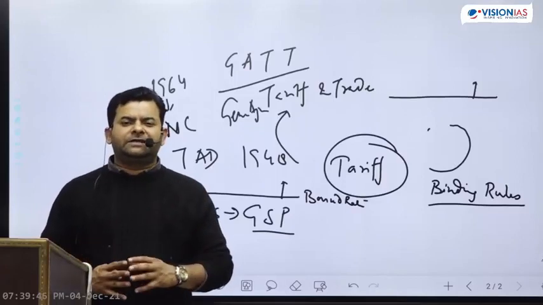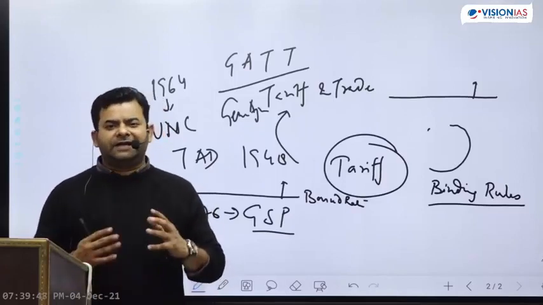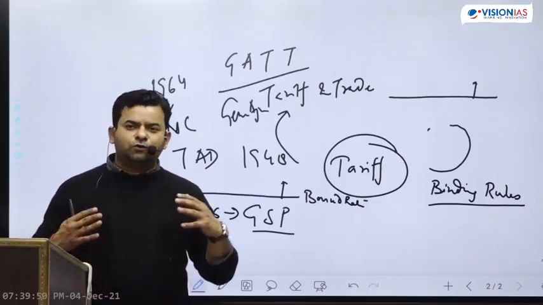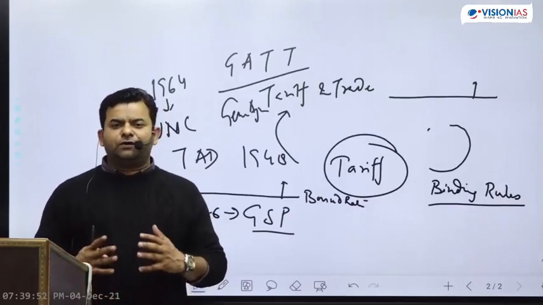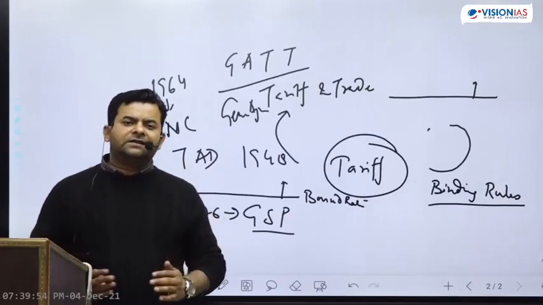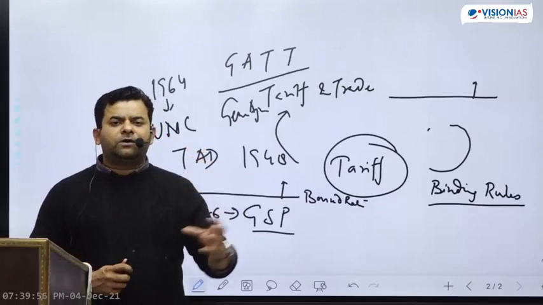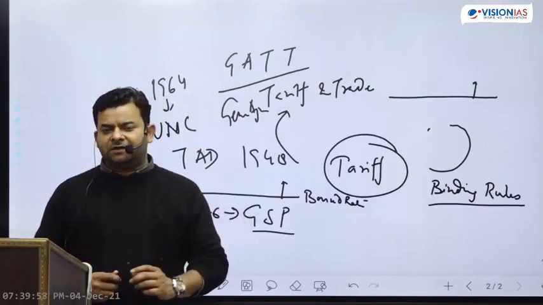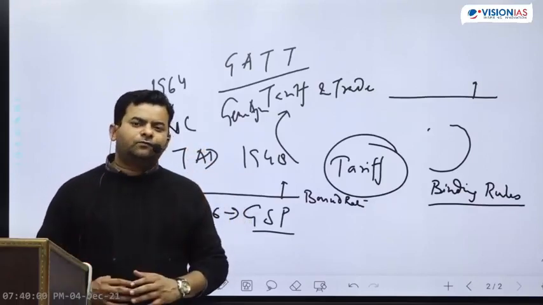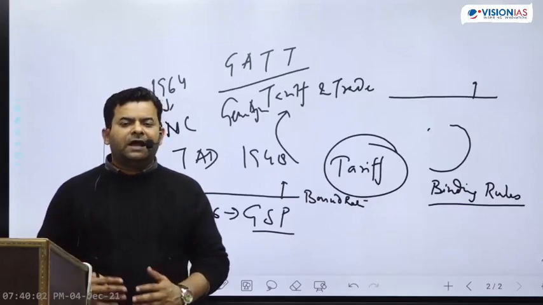This was the objective we got in 1986 of the GATT, which is popularly called the Uruguay Round. In the Uruguay Round of the GATT, it was highlighted that the time had come for more clarity on tariff and non-tariff barriers, to understand what is distorting world trade and what needs to be done.